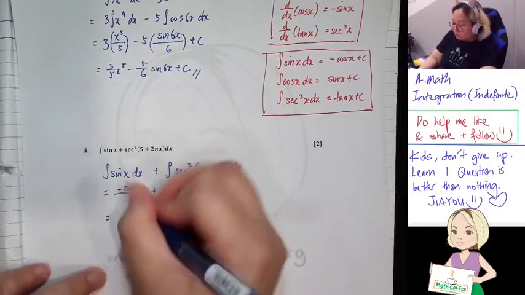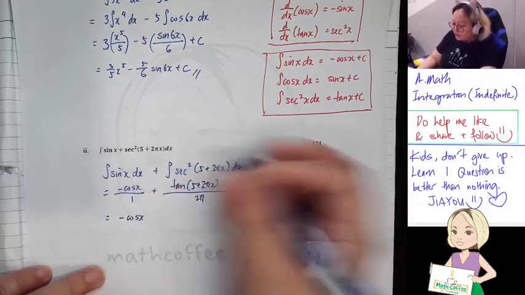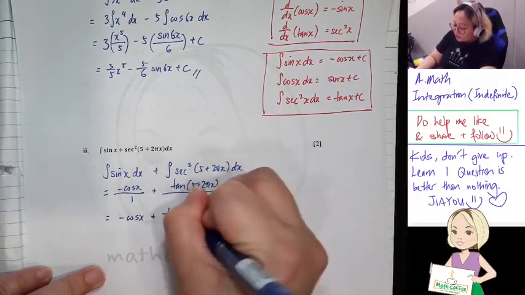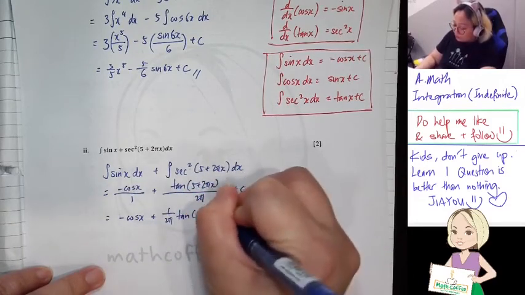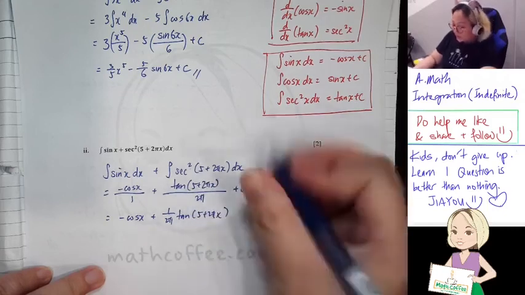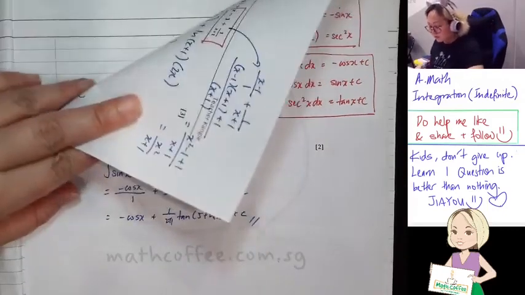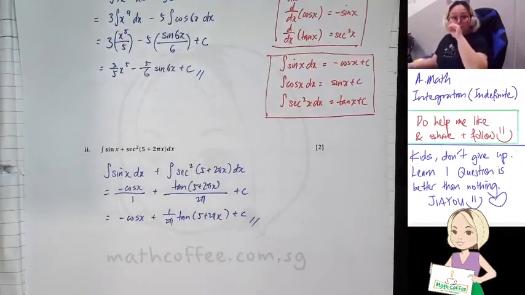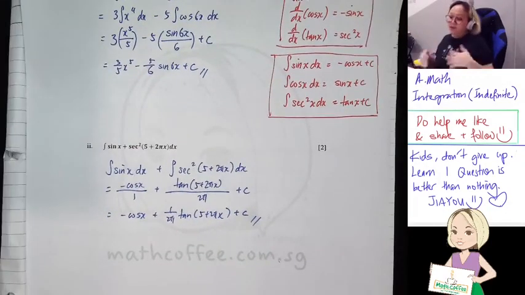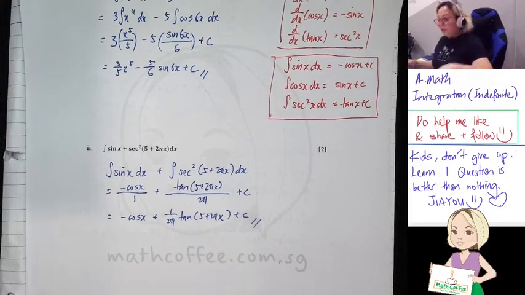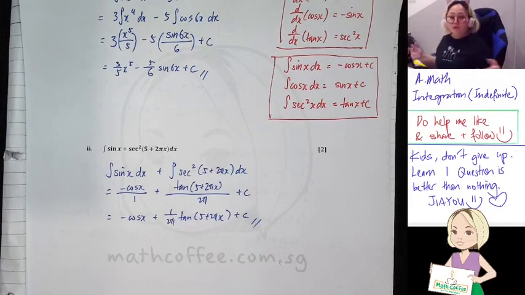So it will be minus cosine x plus 1 over 2 pi tangent (5 plus 2 pi x). And we are done. Okay? So this is how you do integration of trigo for these last two parts. I'm pretty much, in fact, done with the question today.